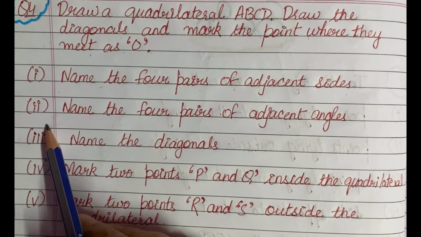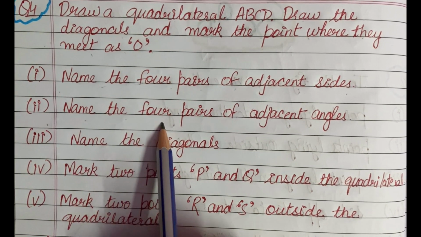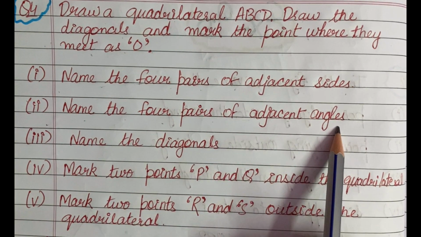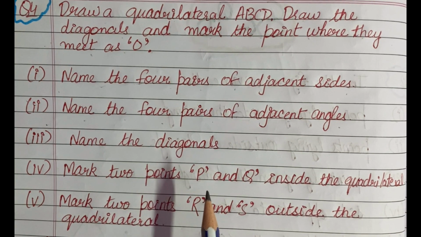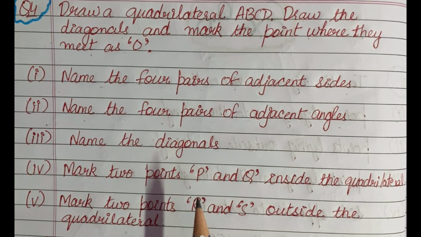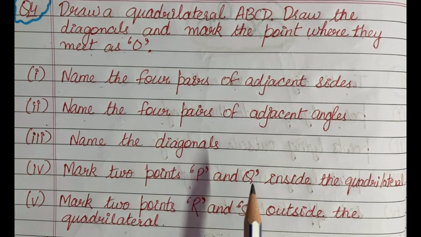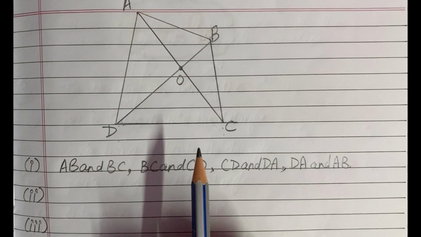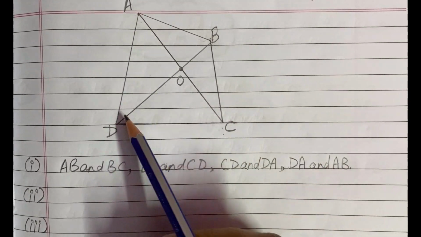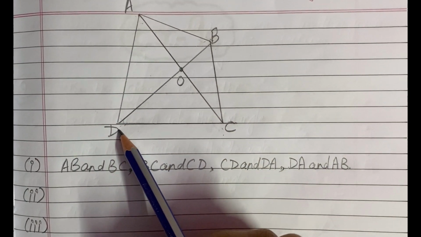Now, second point says that name the four pairs of adjacent angles. And students, we know that the angles which have a common arm are known as adjacent angles. So, in this figure, angle A and angle D are adjacent angles.